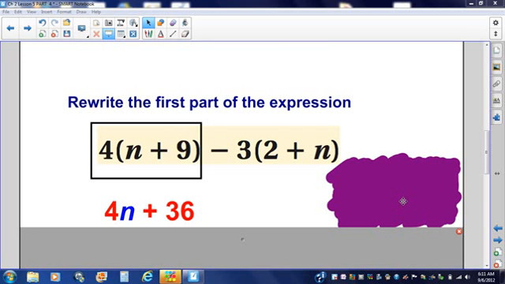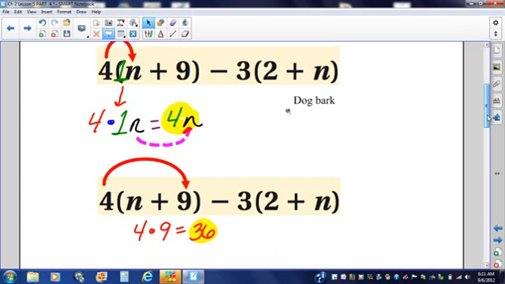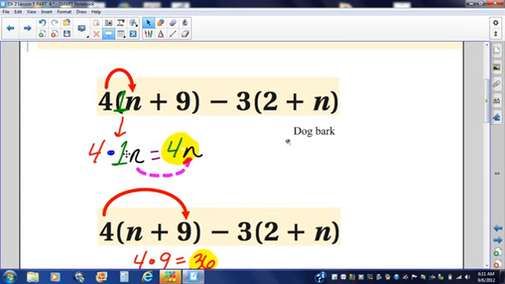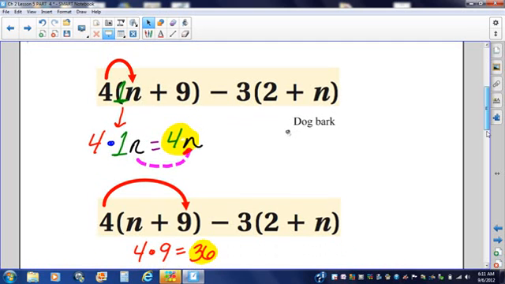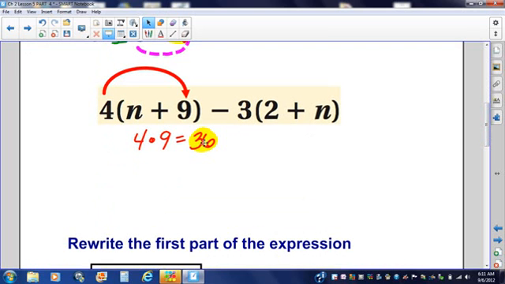Alright guys, the next thing I'm going to do is rewrite the first part of the expression. Or, excuse me, I'm going to change this part of the expression. Now some of you may say, Mr. Phillips, where did you get the 4n plus 36? Remember, I got the 4n plus 36 from 4 times 1n and 4 times 9.